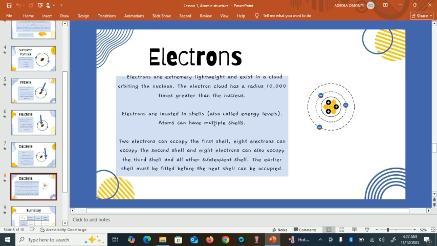Electrons are located in shells, also called energy levels. Atoms can have multiple shells. For example, 2 electrons can occupy the first shell.